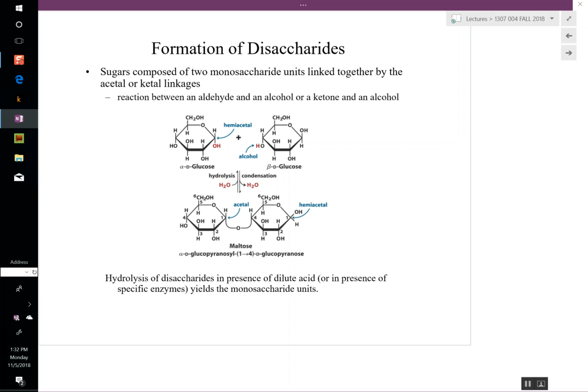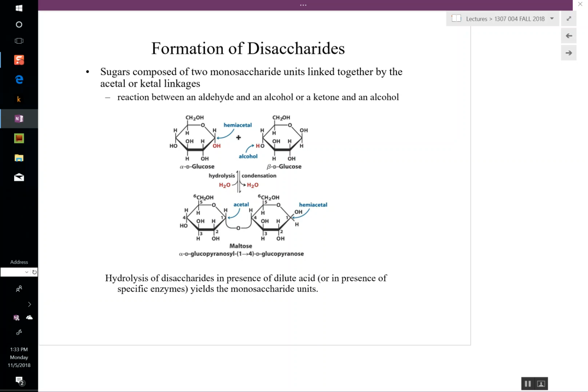So here is one disaccharide, maltose, and maltose is alpha D glucose and beta D glucose. So I'm saying that they're both biologically active. You take those 2 Haworth projections of D glucose and bind them together here. You've got a carbon-oxygen-carbon bond, so this is an ether linkage right here.